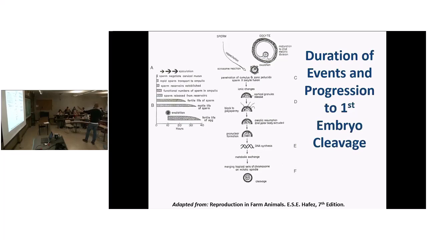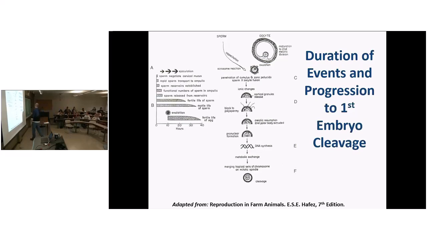From a research standpoint, when we try to evaluate certain treatments and how they do for embryo development and even fertilization, we always look at this first cleavage. Why? Because if you have done something that improves that process, it means that lots of little things have had to go right up to that stage.